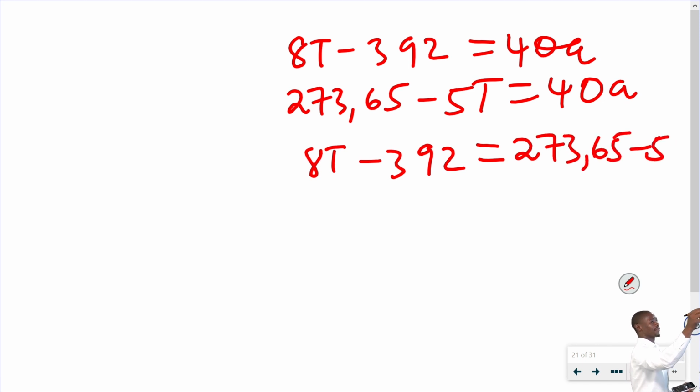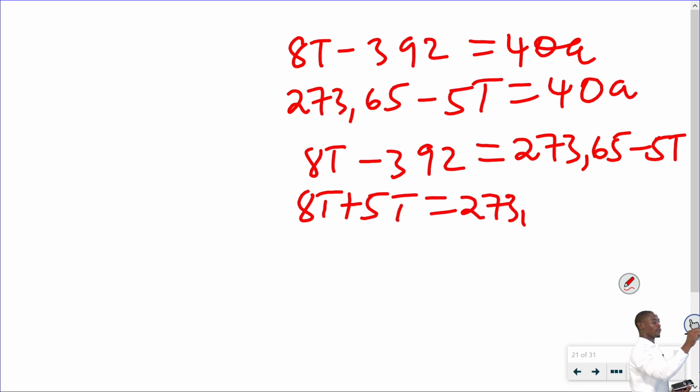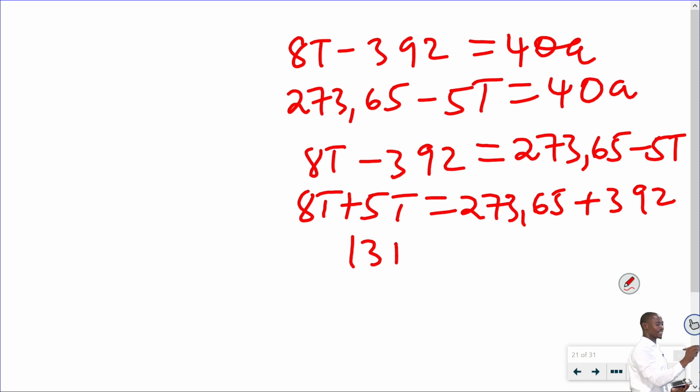273.65 minus 5t. Then solve for t: it should be 8t plus 5t equals 273.65 plus 392. So 5t plus 8t is 13t equals 273.65 plus 392.